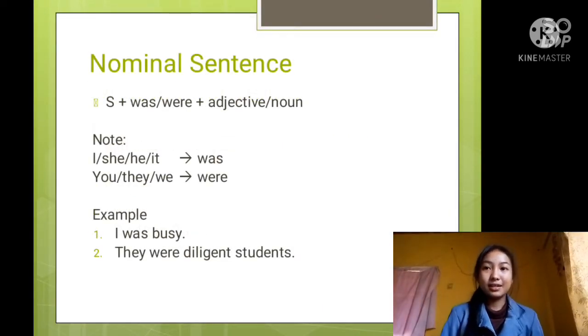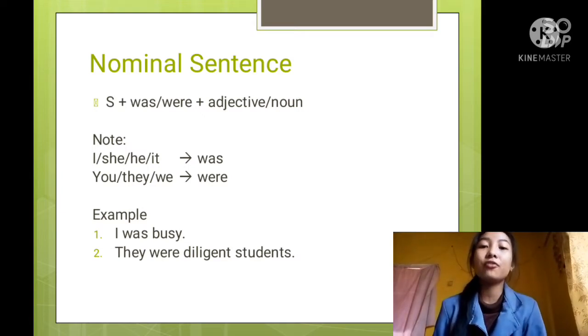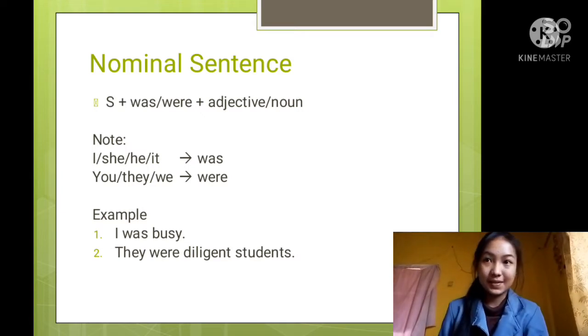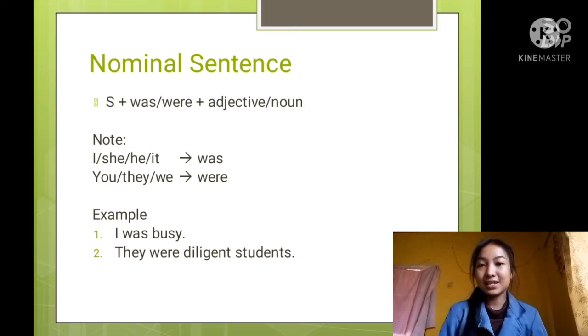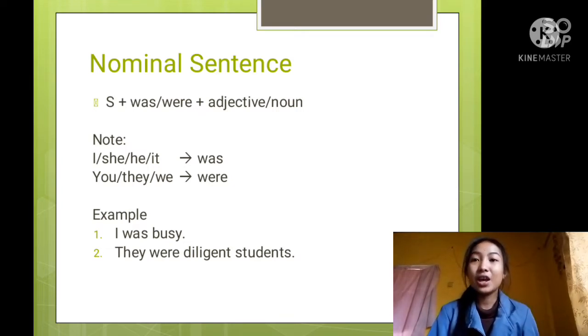Alright, next is about the nominal sentence. It is the first pattern of simple past tense. In a nominal sentence, we use the first pattern: subject plus was or were plus adjective or noun. We have a note here about the use of was and were. If the subject is singular, like I, she, he and it, we use was as the to be.